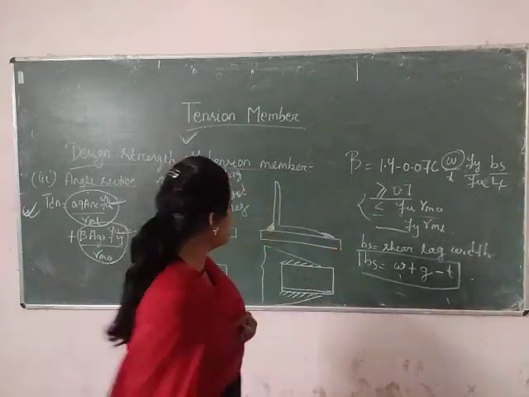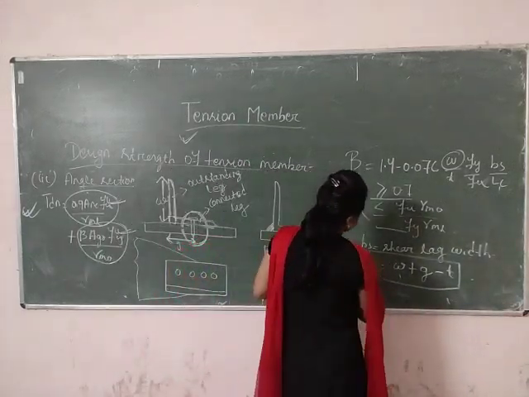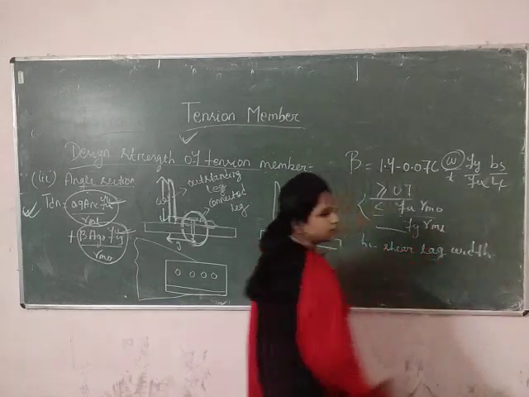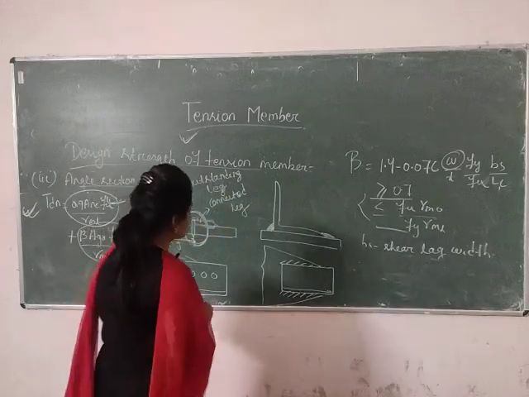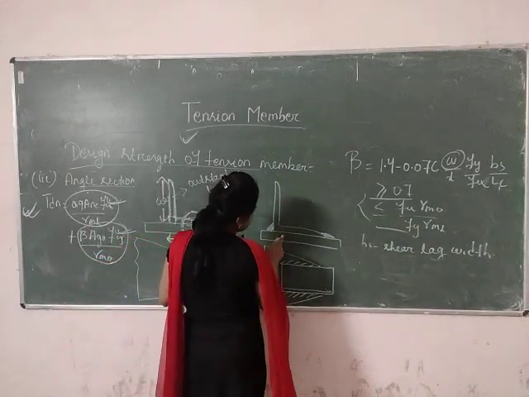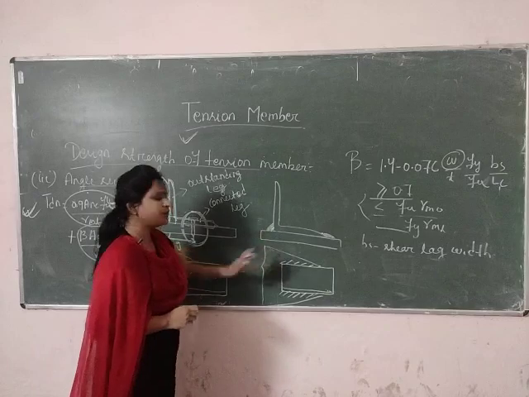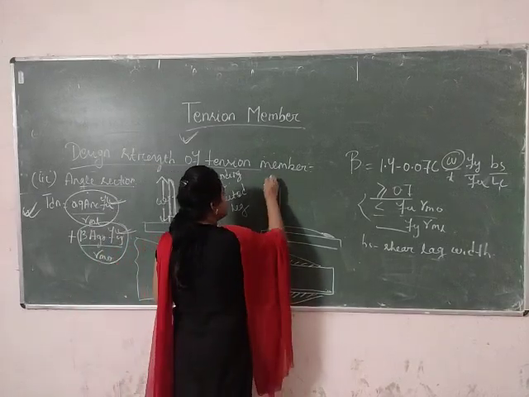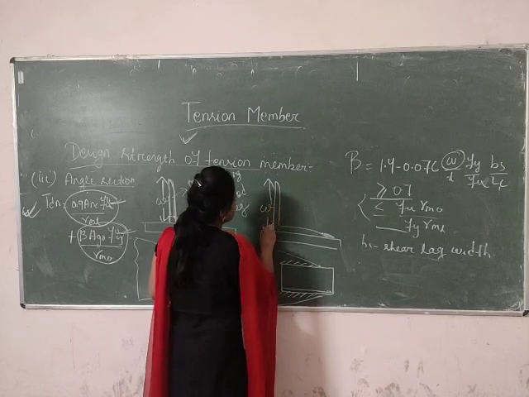Then if the tension member is connected by a welded connection, here you can see the tension member is connected with the gusset plate by the help of the welded connection. So the shear lag width will be the outstanding leg width.